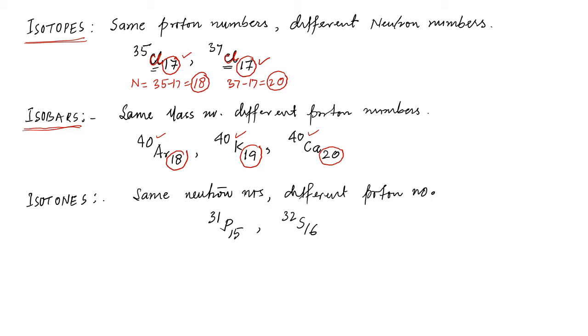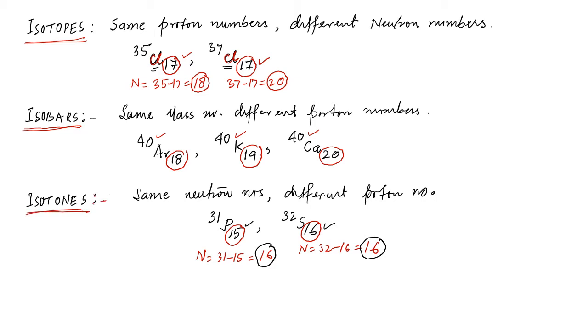The number of protons is different, 15 and 16, but the number of neutrons here is 31 minus 15, which is 16, and here also 32 minus 16 is 16. So the number of neutrons is the same, 16, but the number of protons is different. Such nuclei are known as isotones.